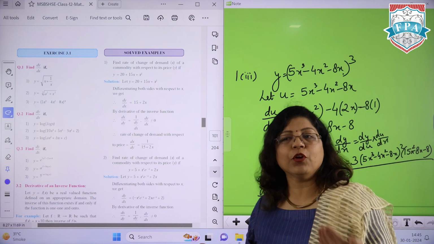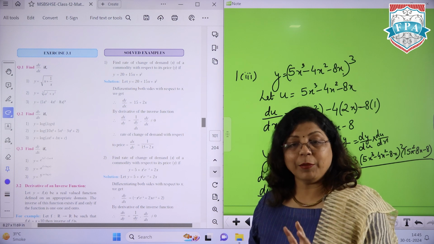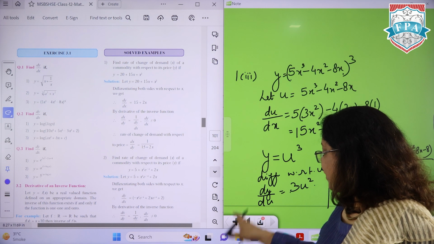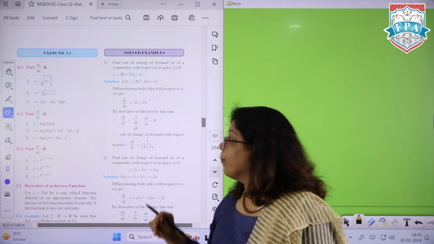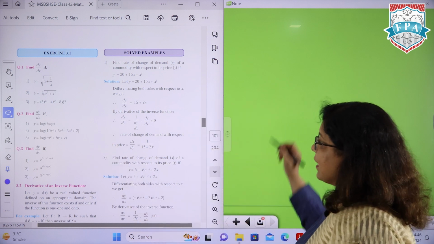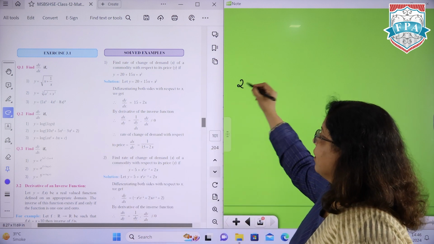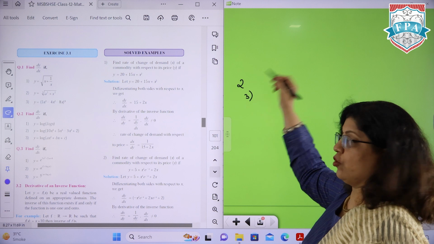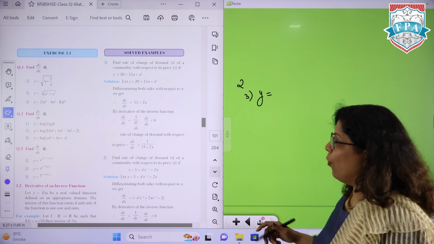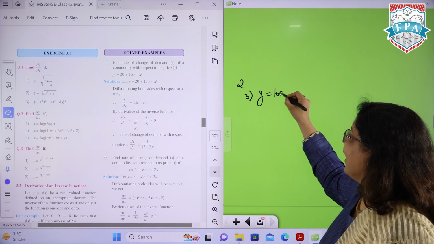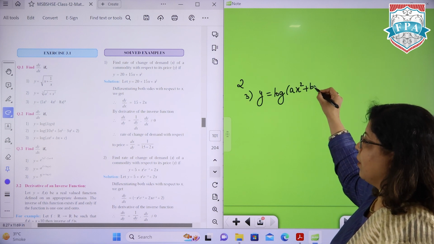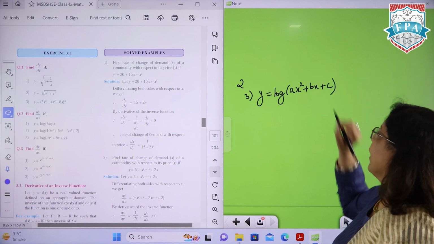But if you have the knowledge of this and you are able to understand the question, then you can go with the direct method also, which I'm just showing in the next question. For the second one, let's take again the third question. Okay, 3 is my lucky number, so I'm taking that again. So log of (ax square plus bx plus c).